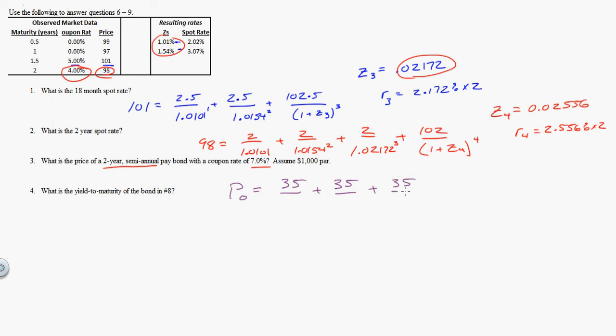Those cash flows are 35, 35, 35, and 1,035 because it's 7% divided by 2. And then I discount at Z1 and Z2 squared and Z3 cubed and Z4 to the fourth.